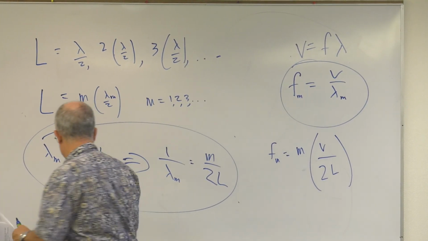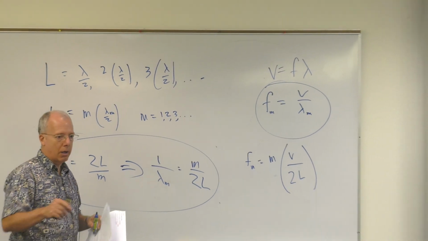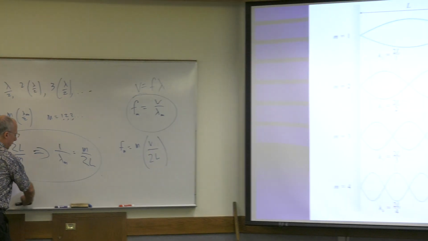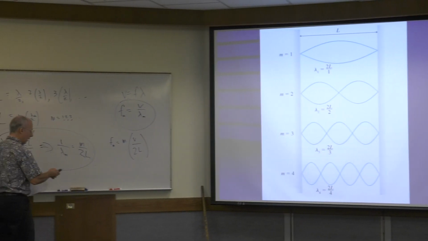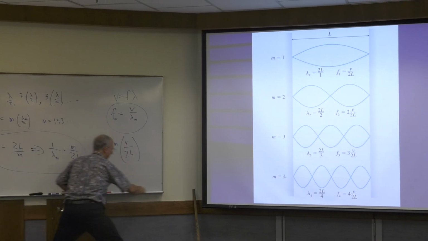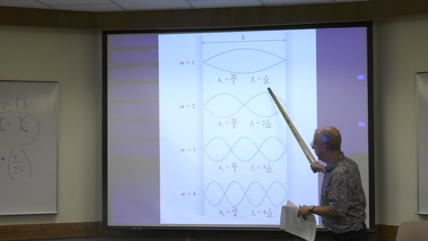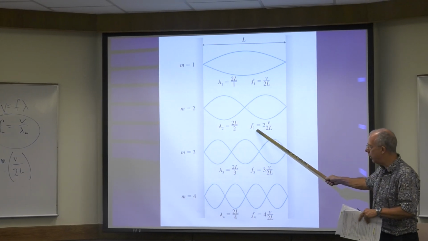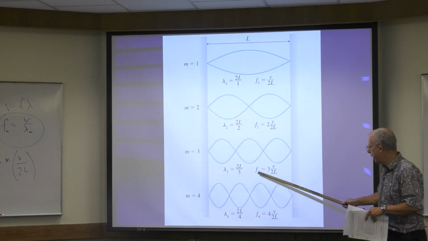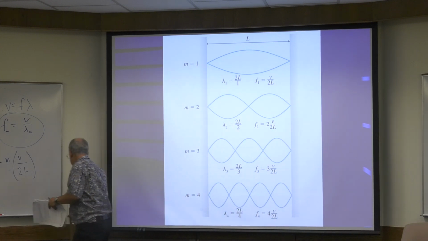This allows us to figure out which frequencies to set our oscillator to obtain standing waves. So you see here, F1 is 1 times V over 2L. F2 is 2 times V over 2L. F3 is 3 times V over 2L. So that's a wonderful result.